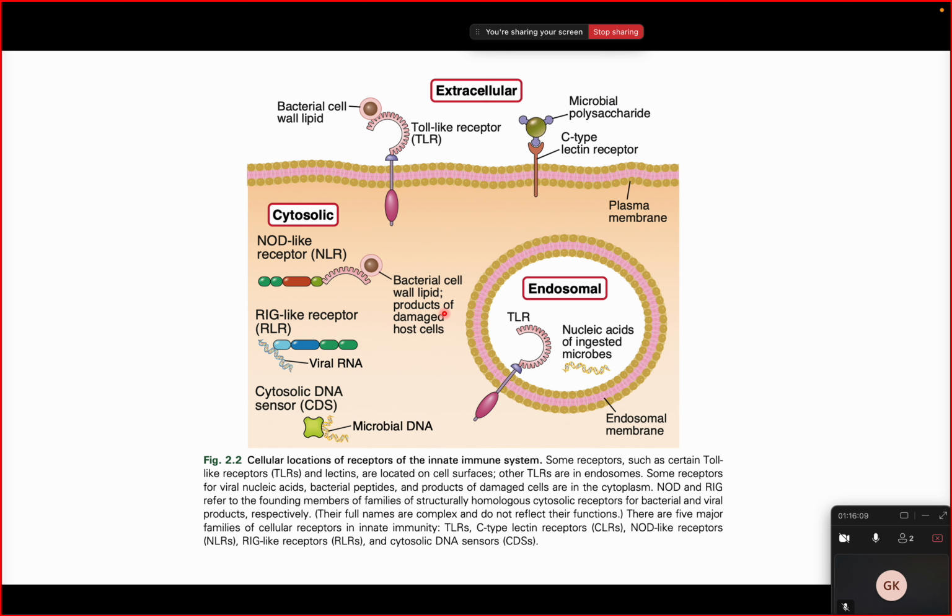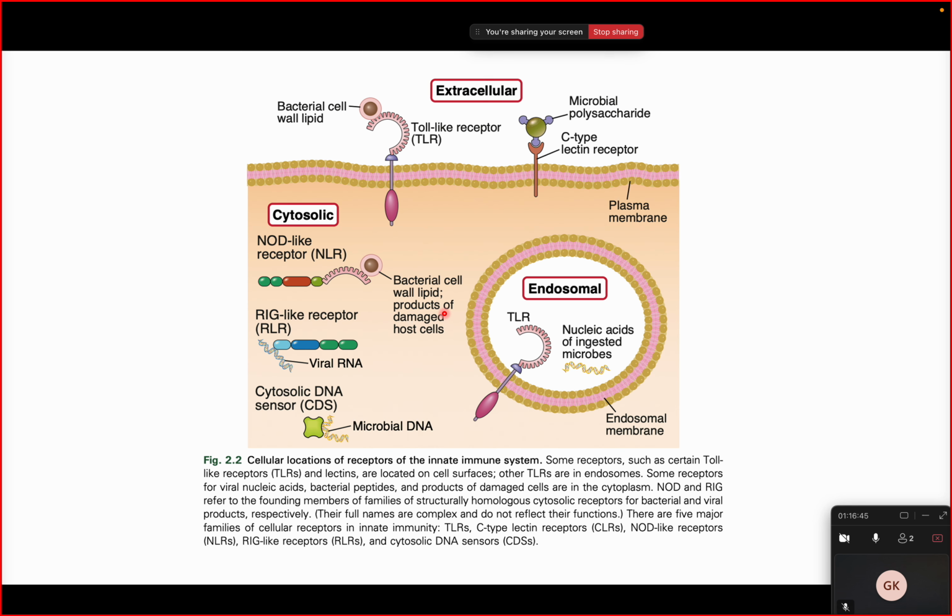But once we see inside the cells of innate immunity, we have NOD-like receptors, RIG-like receptors, cytosolic DNA sensors or CDS in short, and even inside the organelle, when it is being endocytosed, the TLR will come inside the membrane-bound structure, that is the endosome, and there it will also recognize the PAMPs.